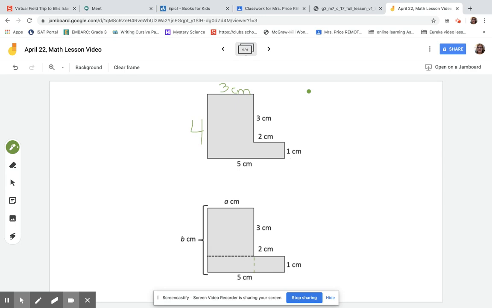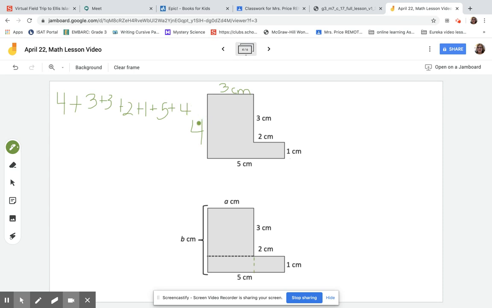And now we can go ahead and find perimeter. So to find perimeter for this shape, it would just be 4 plus 3 plus 3 plus 2 plus 1 plus 5 plus 4.